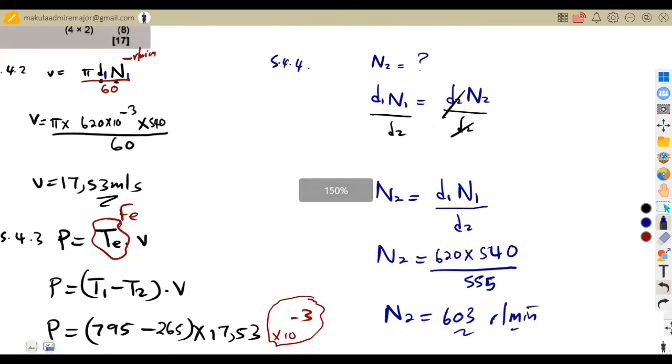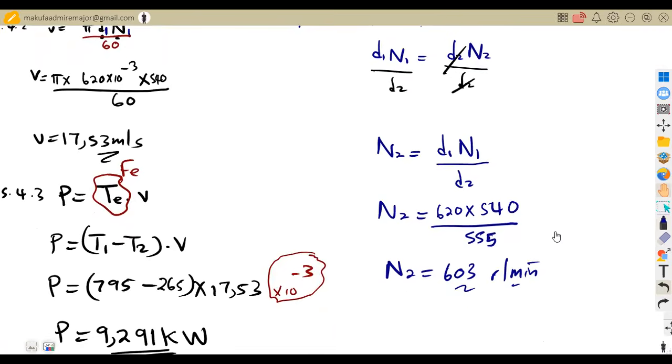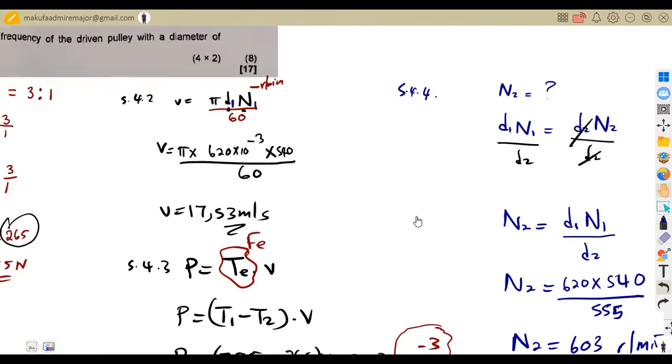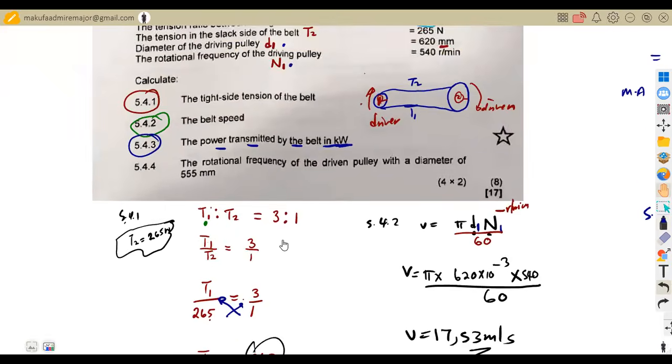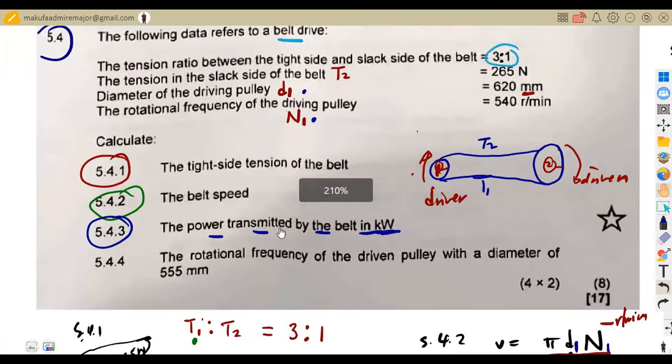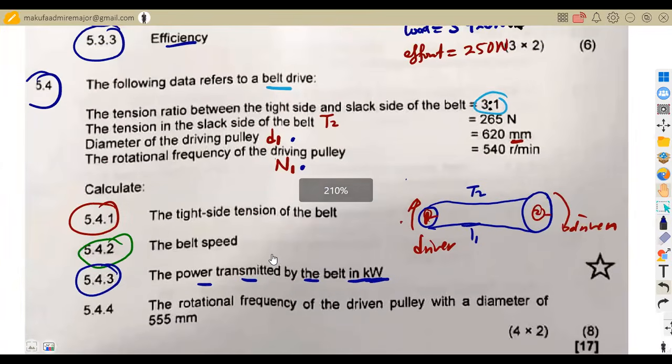As you can see, it's a matter of playing with the information. List down the information that you are given. From that information, list it down. By listing down the information that you have, you can find the suitable formula from there.